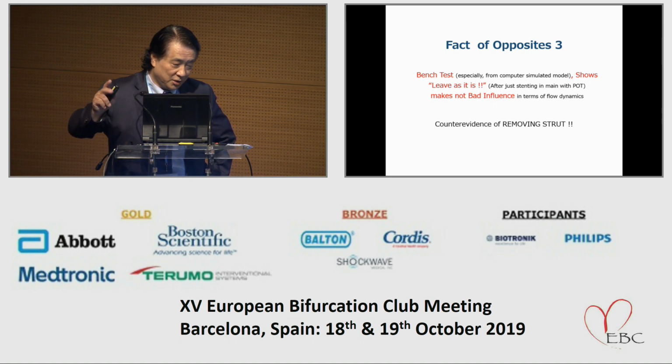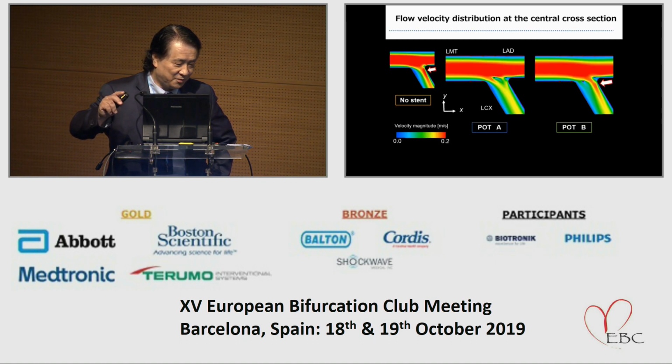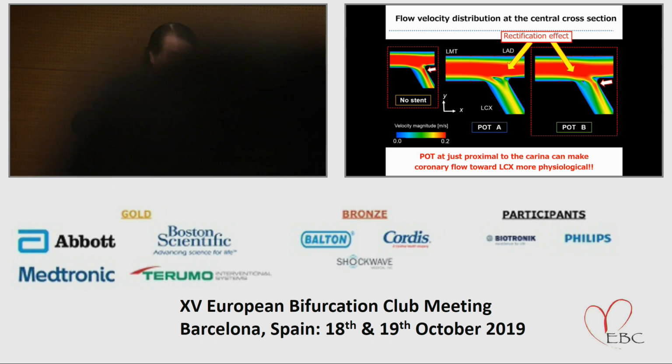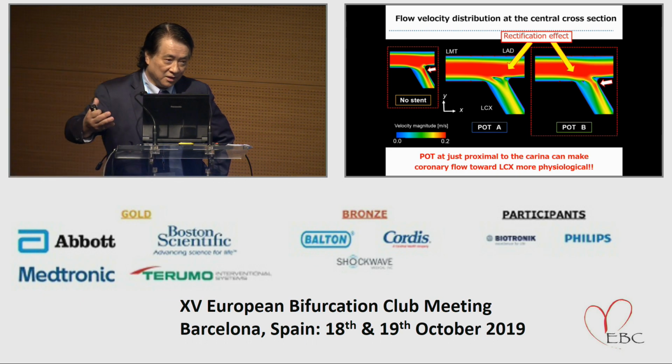The opposite fact number 3 is a bench test. This morning, my junior showed that actually this is a bench test, but we call it the rectification effect. This means if the stenting and the alignment of the stent struts around the circumference area are regular, this means no effect on the flow. If we have some malposition, it may affect the flow.